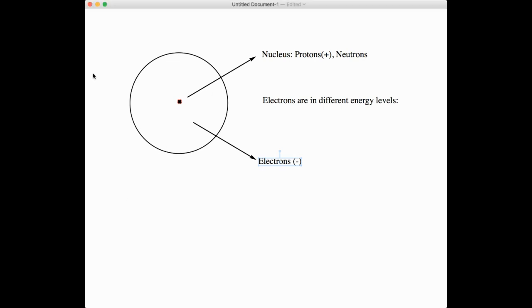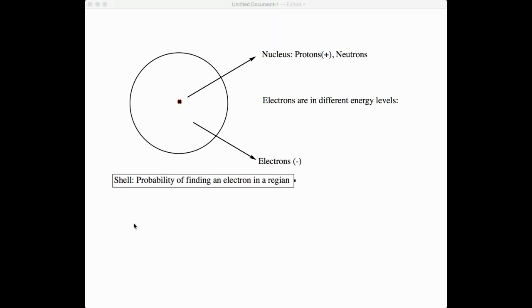So I'm gonna say here, we're gonna define what is a shell, and that's probability. So around here we have like shells.